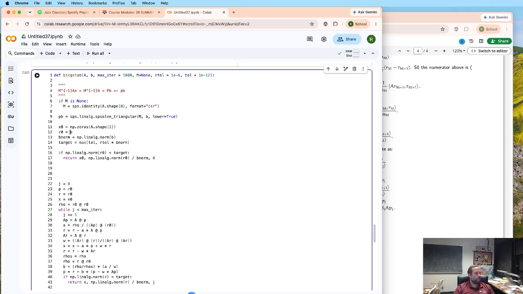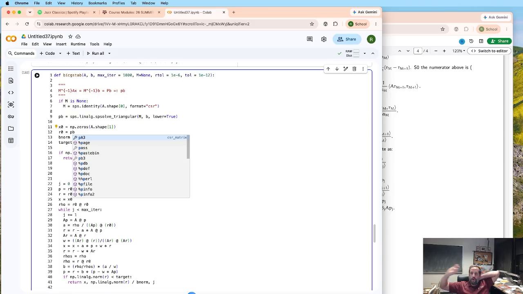Okay, and so R naught is going to be equal to PB, because again, we're solving M inverse AX is equal to PB. So in the solving of the system, whenever we see an A computation, it really needs to be M inverse times A X, or something equivalent to that at least.